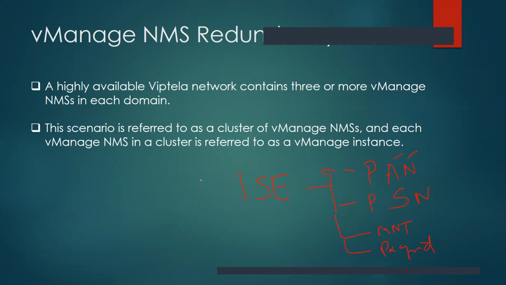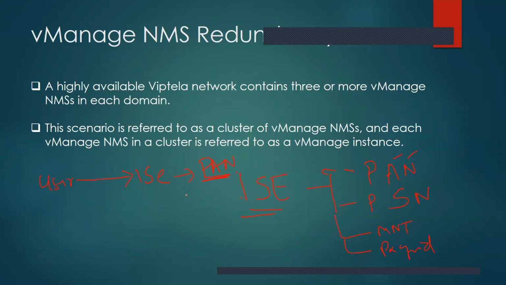Why am I comparing vManage with Cisco ICE? vManage is a different type of management platform, nothing to do with Cisco ICE. But one thing is common. As a user, when I log in to Cisco ICE, where will I log in? Obviously, I will log into the PAN, the administrative node.